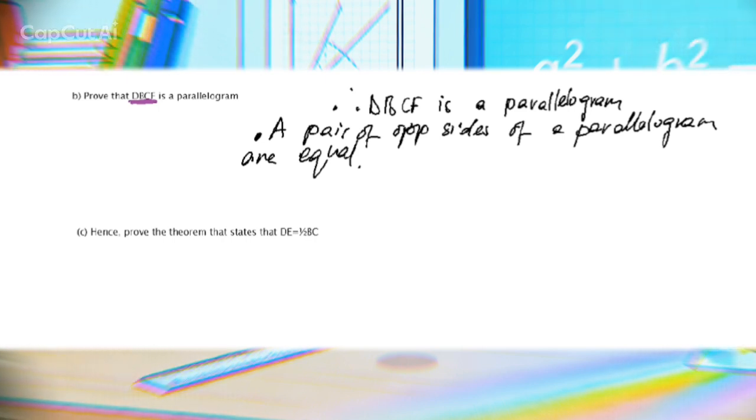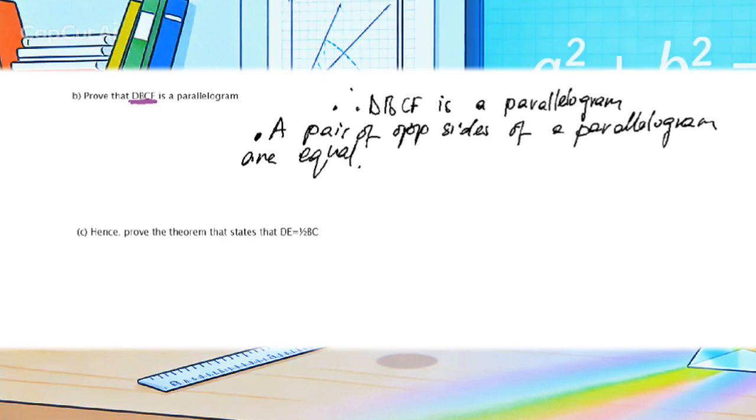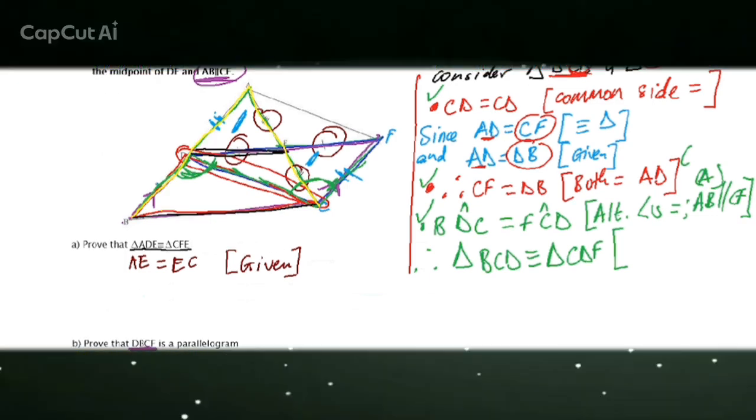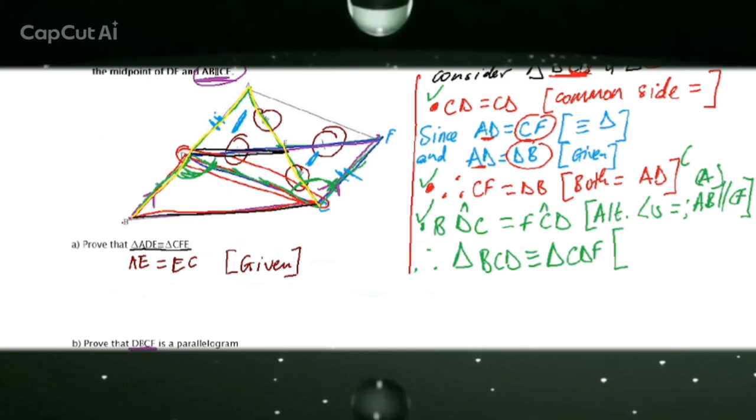So now let's look at this question. C says, hence prove the theorem that states that DE will be equal to 1 over 2 BC. So that's the midpoint theorem. I'm just going to highlight the triangle that they're talking about. In this question, we're supposed to prove the theorem that states that DE is half of BC.